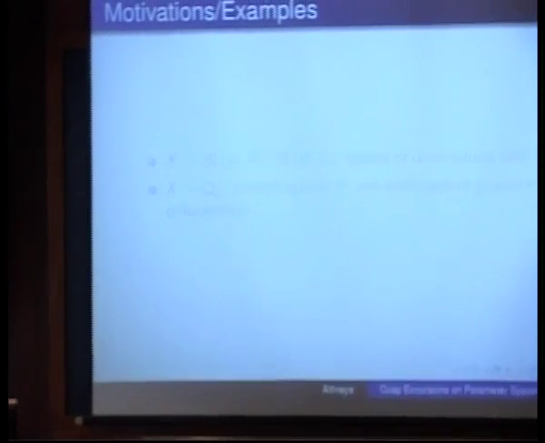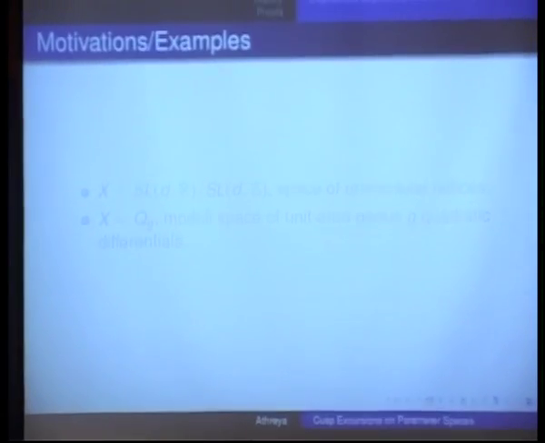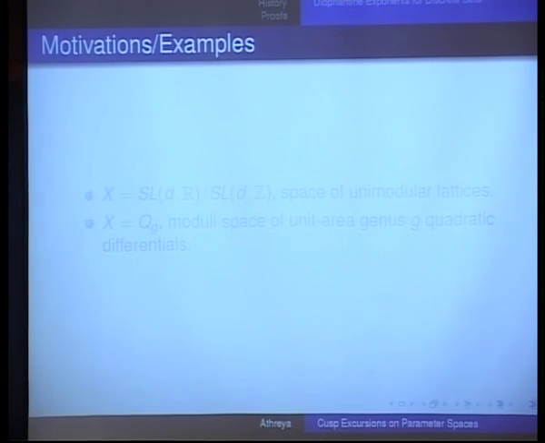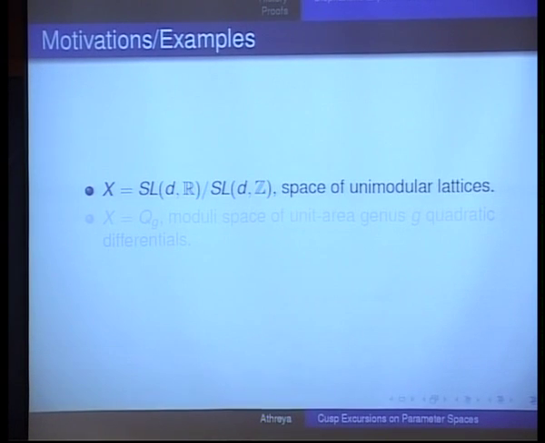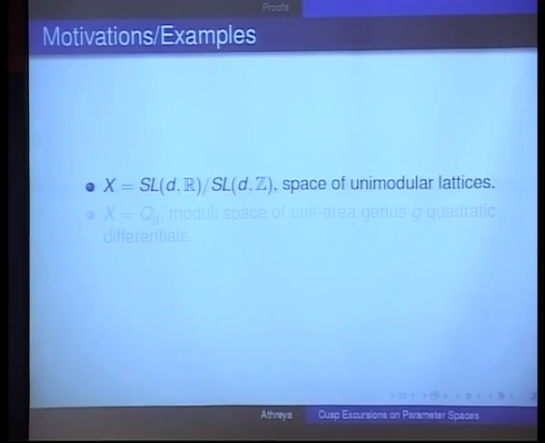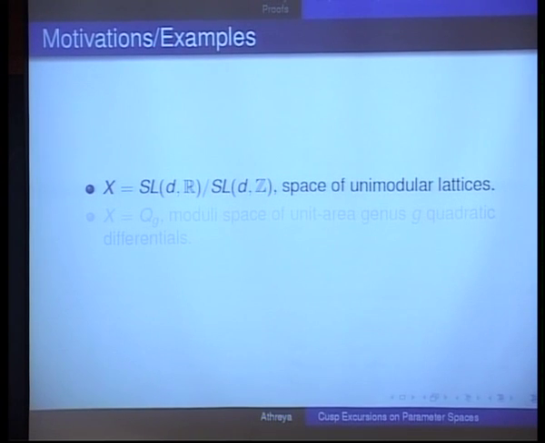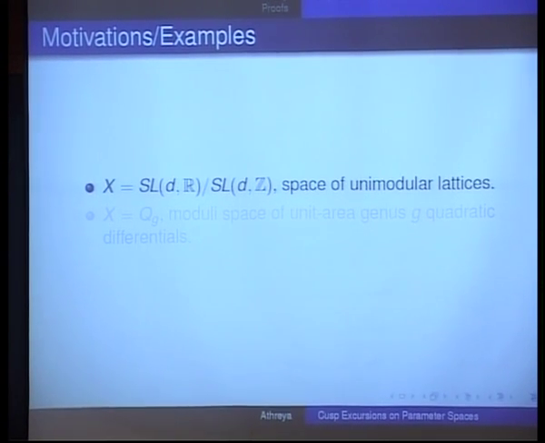Okay, now I've given you a big abstract setup. I should give you some examples of it. If there are no examples, there's no point. So one example, the one I've been saying, is the space of unimodular lattices, which you can identify with SL_d(R) mod SL_d(Z) simply because SL_d(R) acts transitively on the space of unimodular lattices.